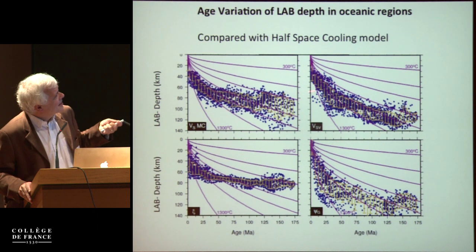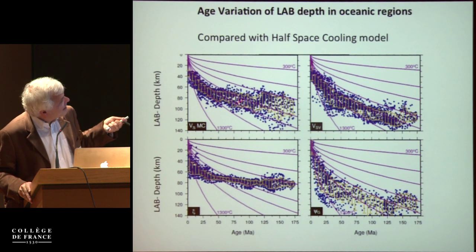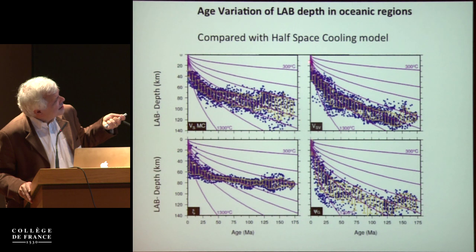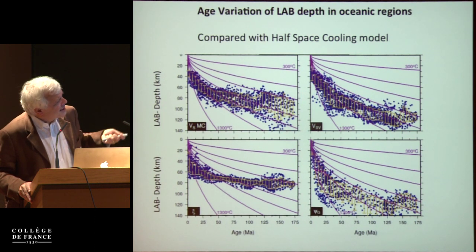What we can see is that for Monte Carlo inversion, we tend to have something which is flattening with the age of the seafloor, here between 0 and 175 million years, whereas when we incorporate anisotropy, we have something which is in better agreement with a specific isotherm. For azimuthal anisotropy, again, you see, it's quite scattered data, so it's not as good as for VSV, but we have something which is also flattening, but it's not so evident.